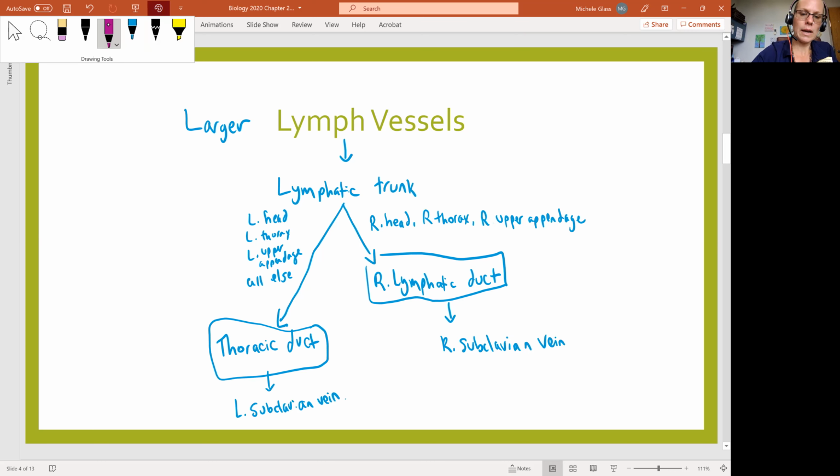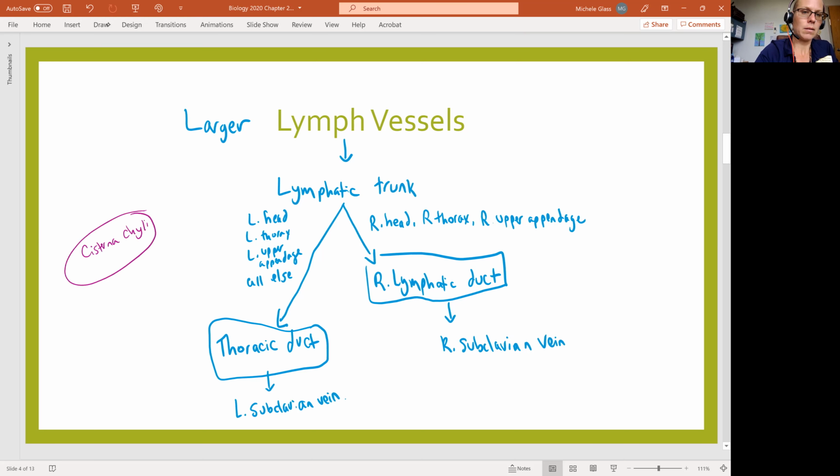Let's also go ahead and mention what's called the cisterna chyli. So what we'll see is that this is a sac-like chamber located beneath the diaphragm. It's actually draining all of the lymph from the left and right lumbar trunk and the intestinal trunk.